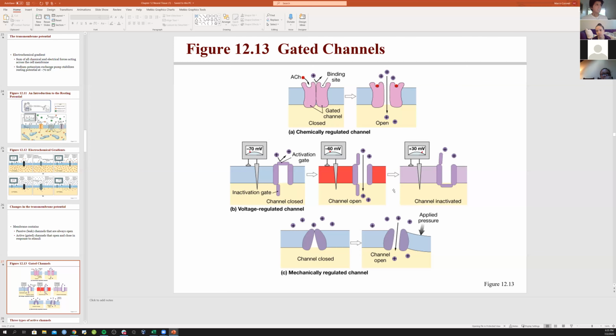This is the opening voltage, positive 60, and this is the closing voltage, positive 30. Say we didn't have a closing voltage and the channel just remained open. What's going to happen? Sodium in this example will rush into the cell until it reaches the equilibrium potential of sodium, which is positive 66.